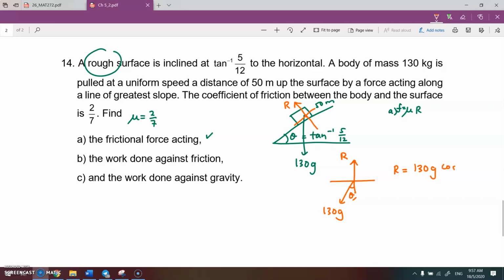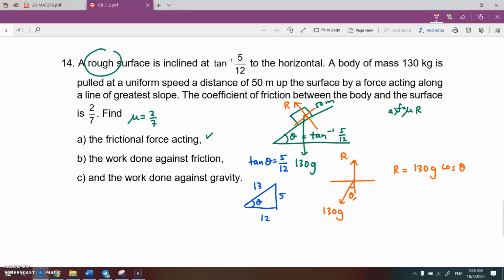How are we going to find cos theta? From the triangle: tan theta is equal to 5/12, TOA, opposite over adjacent, so the hypotenuse would be 13.